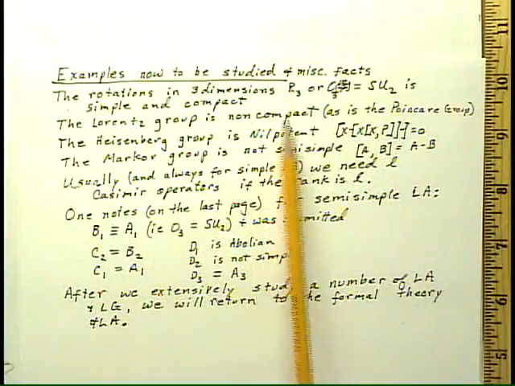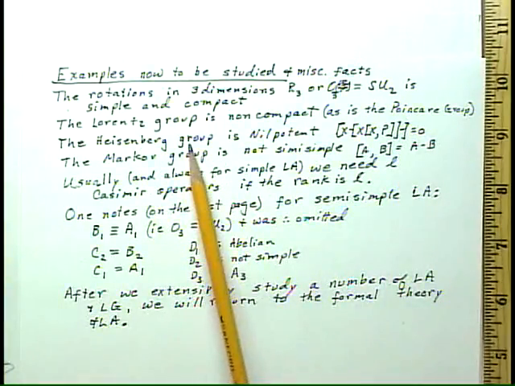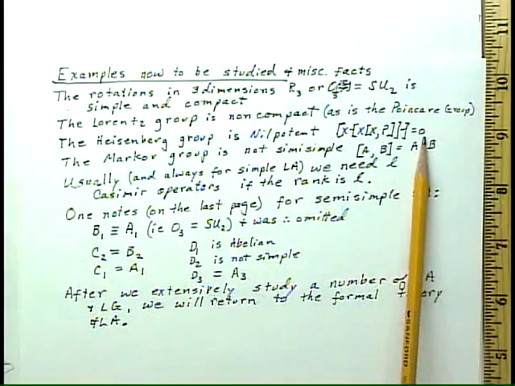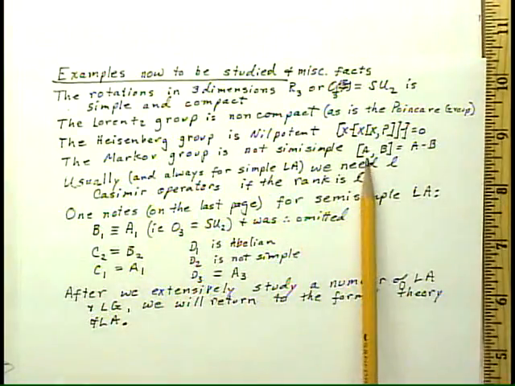The Lorentz group is non-compact, and the Poincare group, therefore, is also non-compact. The Heisenberg group is nilpotent. That is, the sequence of commutators finally always gives 0. The Markov group that we'll talk about later is not semi-simple.